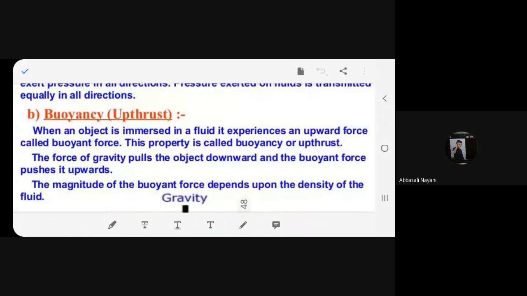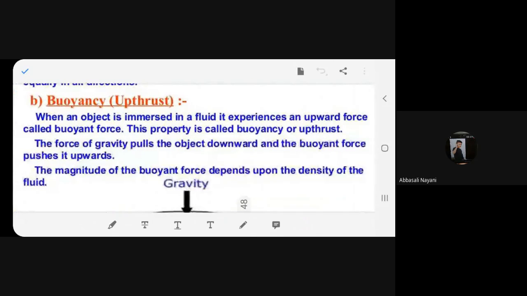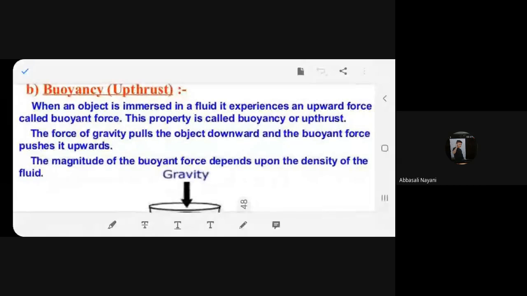Now we are going to talk about upthrust. That is the upward force. Please. When an object is immersed in a fluid, it experiences an upward force called buoyant force.